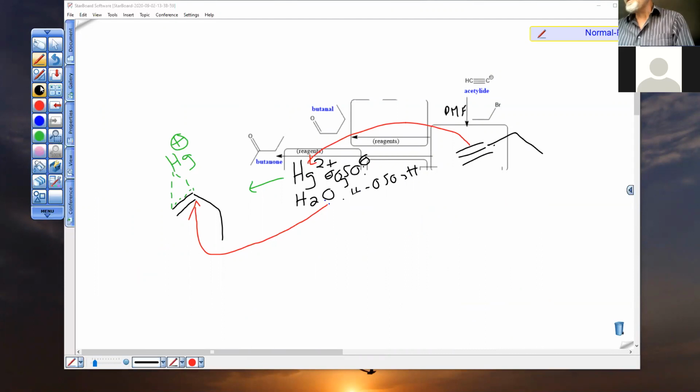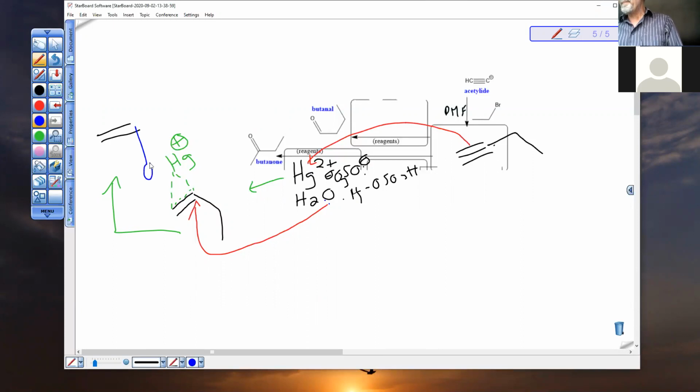And we've got H there. And we're popping open our triangle. And we're going to have this. Water came in from the bottom. It's got an oxonium on it.